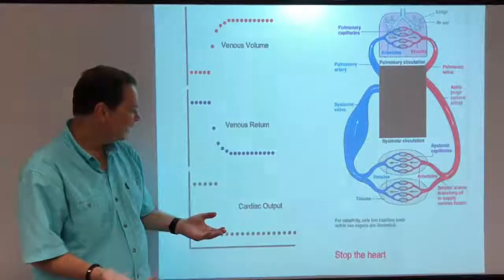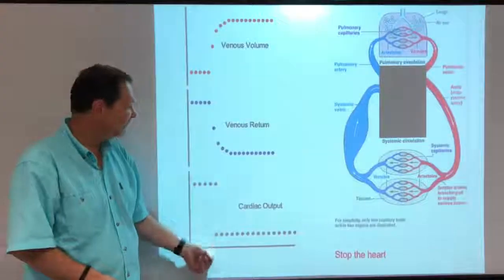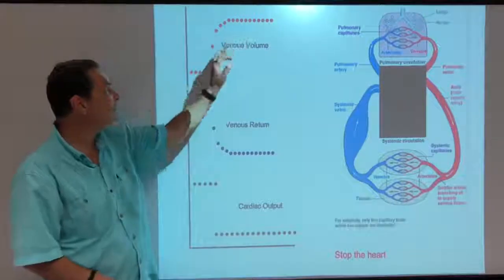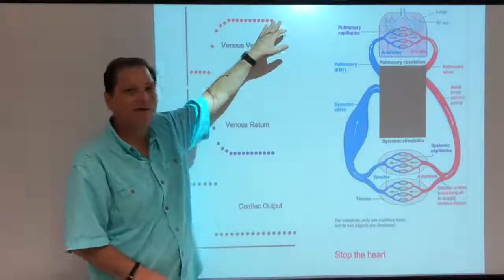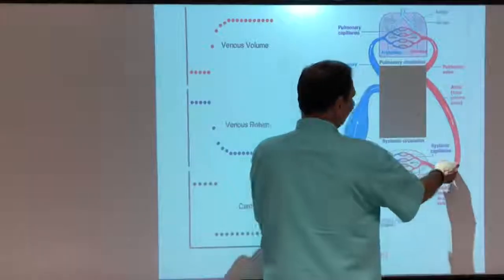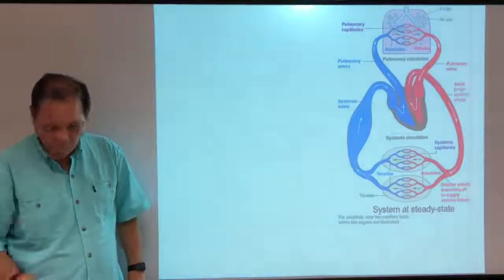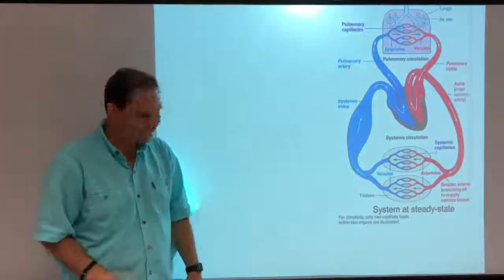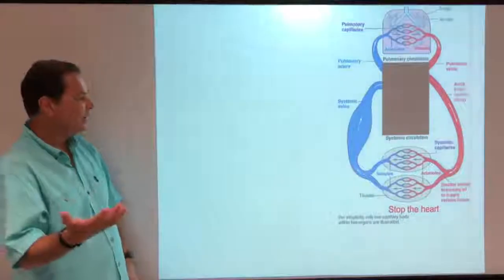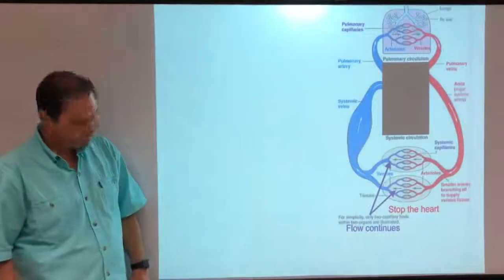Our cardiac output is, of course, 0 here. It drops instantaneously, but it takes a little while for this to happen and come to a new volume, because I've still got pressure gradients at the end when I stop this. So, let's do it again. Here's our system. We stop the heart. Now, flow continues.